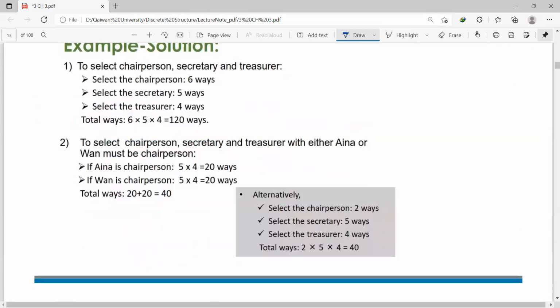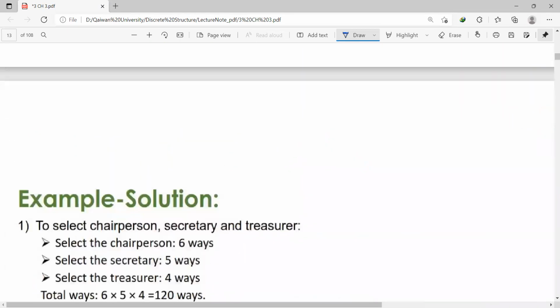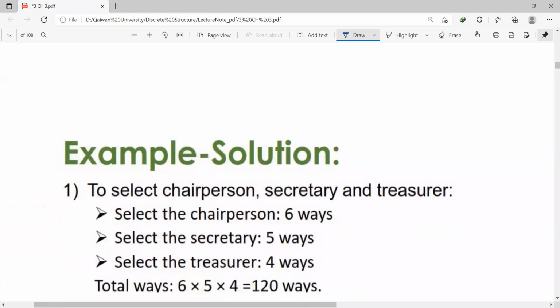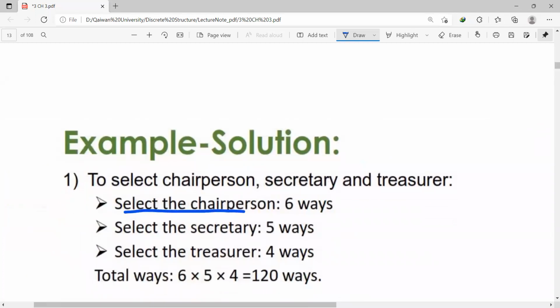Yeah, we say, select the chairperson among 6 people. That means we have 6 ways. And then select the secretary. We have 5 ways because one of them became the chairperson. And select the treasurer.